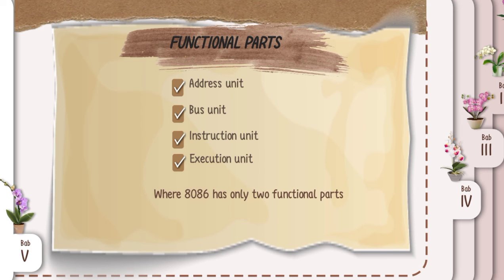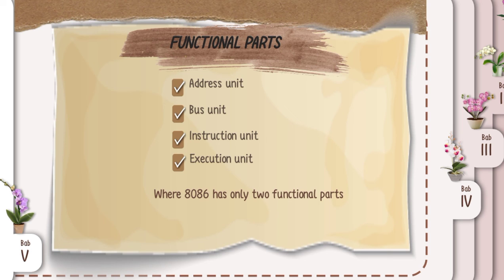So the first functional part of the Intel 80286 microprocessor is the address unit, wherein the physical address where the data or instruction is to be fetched is calculated. So once the physical address is calculated, the calculated address is handed over to the bus unit.